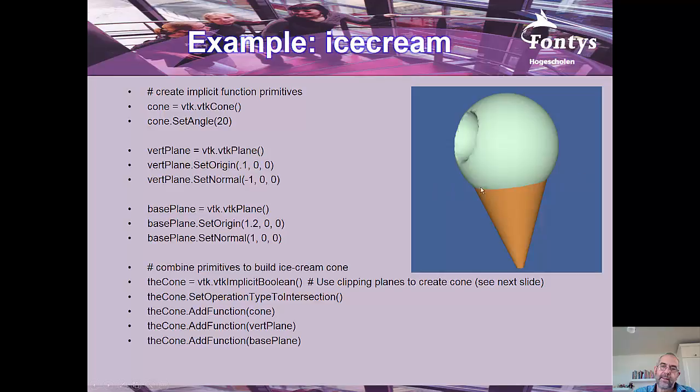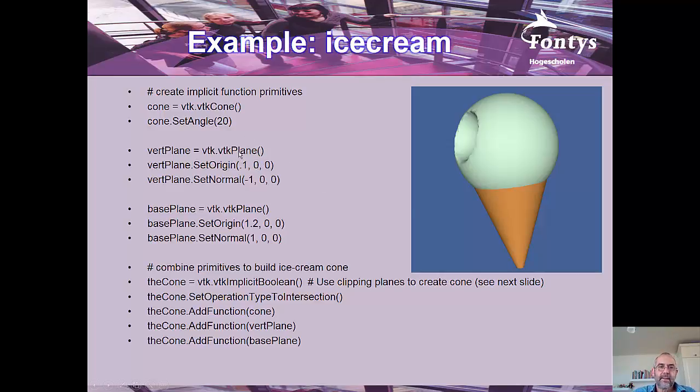So we cut it. Well, actually we clip it. We say I want to see the cone no further than to here, and there's also a small part clipped over here. So the cone itself is defined by a VTK cone. That's an implicit function. It has an angle of 20, so the angle between these 2 lines is 20 degrees.